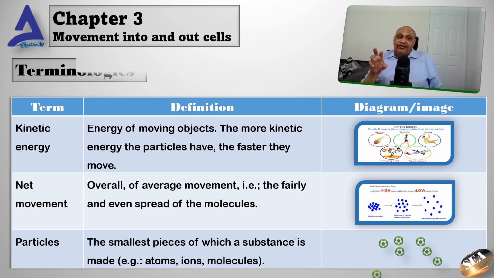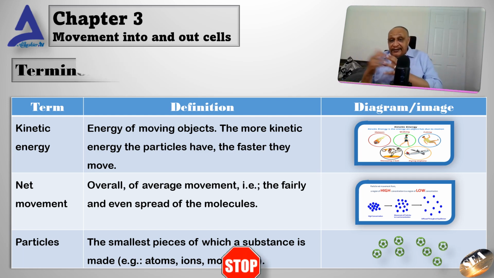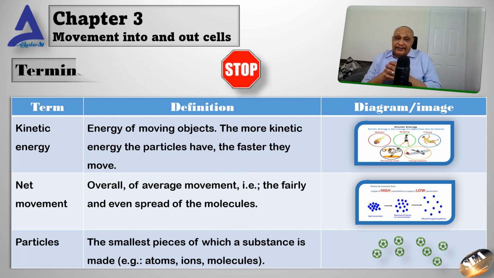So be careful about the kinetic energy, because if the kinetic energy changes, it is going to increase the other processes. The more kinetic energy the particles have, the faster they move.